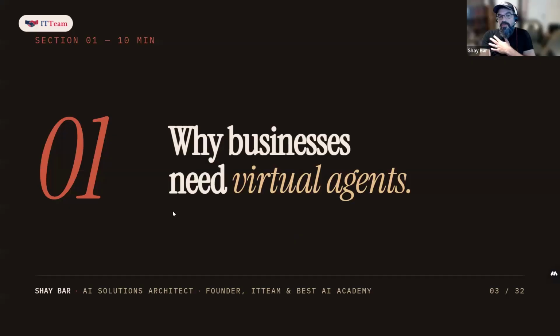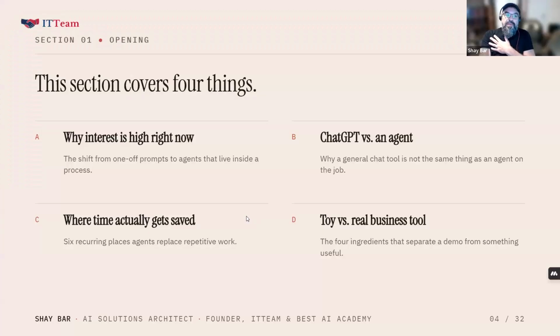So the first chapter is why businesses need virtual agents anyway. In this section, we'll cover four things. Why is the interest high right now? And we'll talk about an example, ChatGPT vs an agent. It can be Claude vs an agent, but we want to understand the difference.